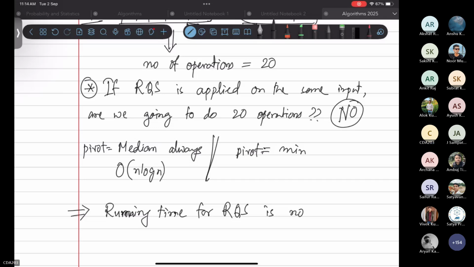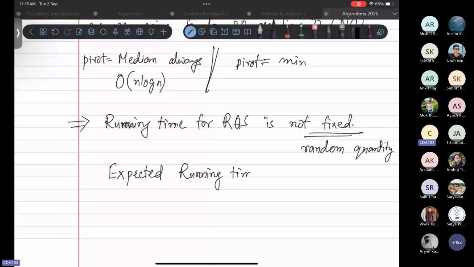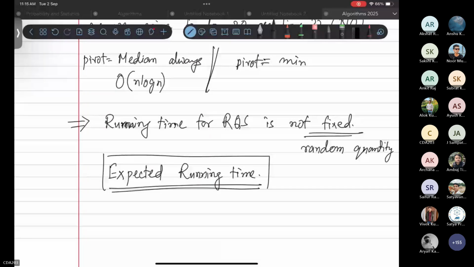Since the running time is a random quantity, we are going to compute the expected running time of randomized quicksort.